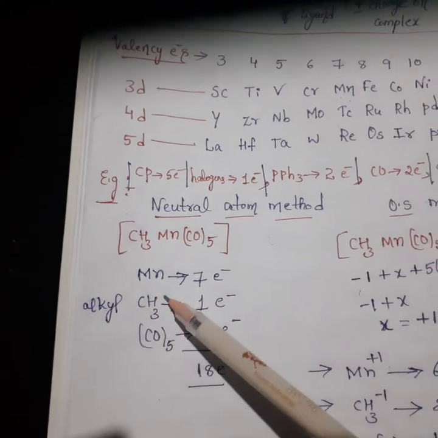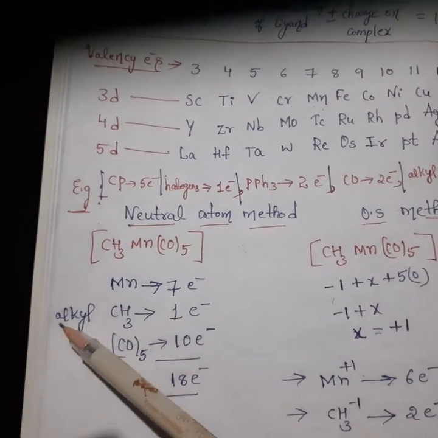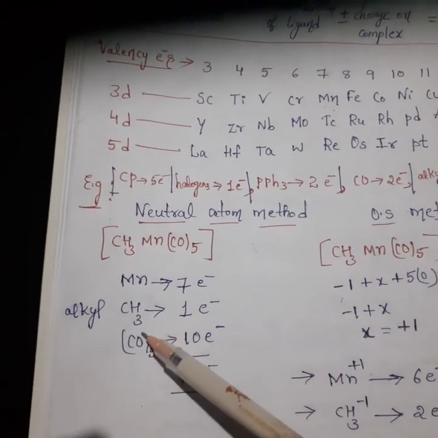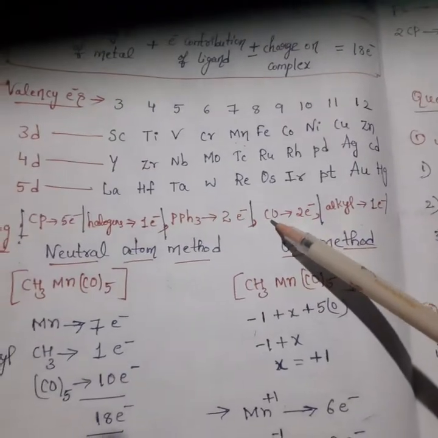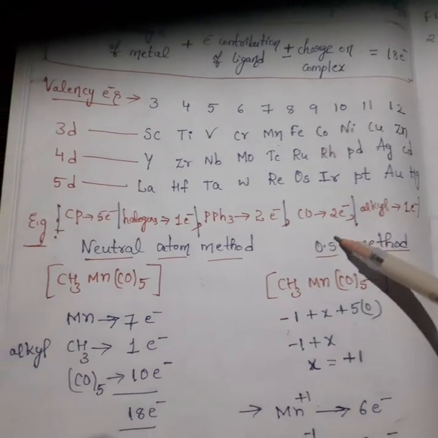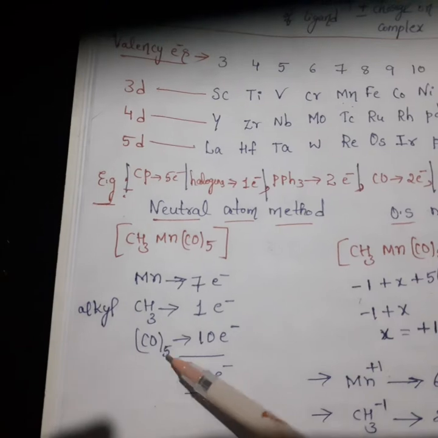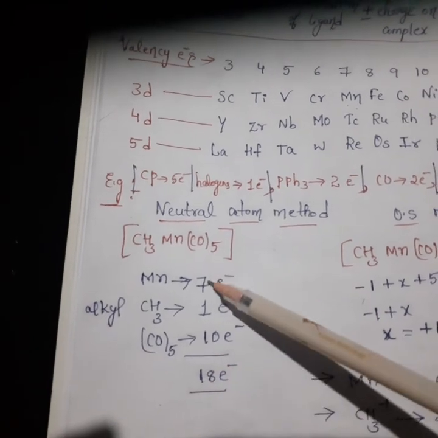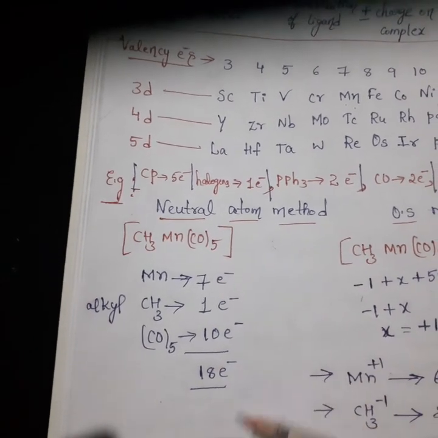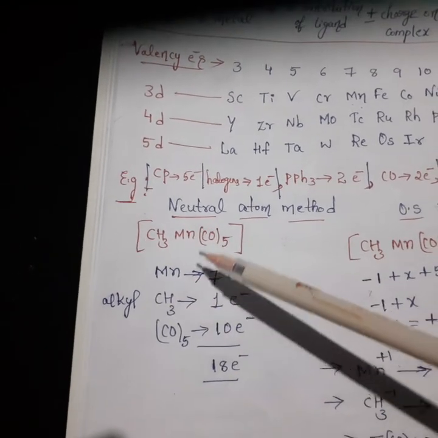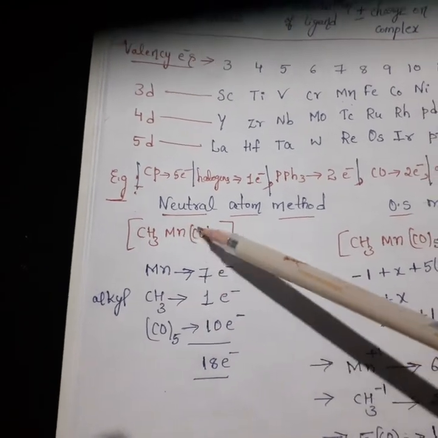Methyl: I already said that the electron contribution by the alkyl group is 1 electron. And here they have given carbonyl. One carbonyl means 2 electrons, but here they have given 5 carbonyls, so 5 into 2, 10 electrons. If we count all this, we will get 18 electrons, so we can say that this complex is stable. So here we have followed the neutral atom method.